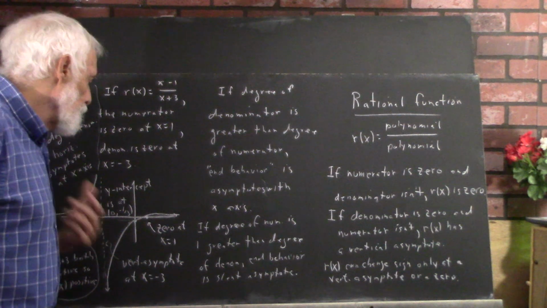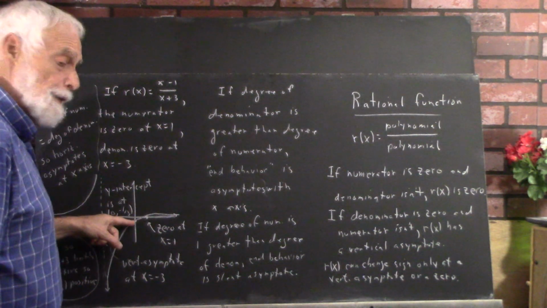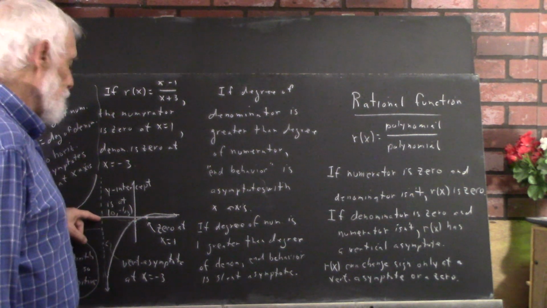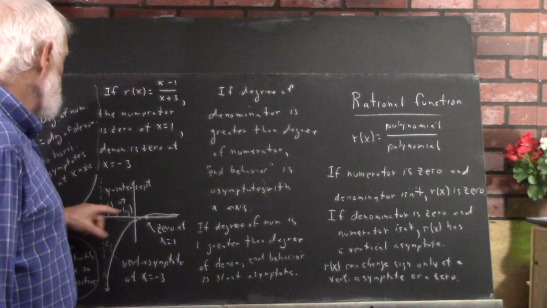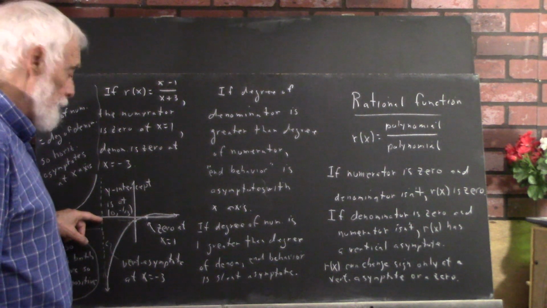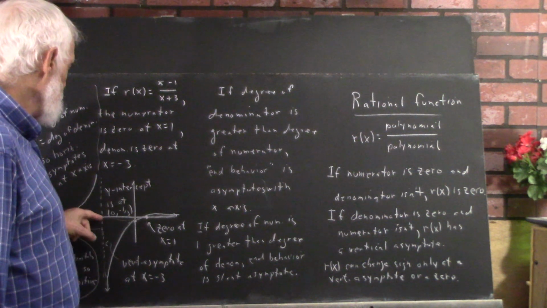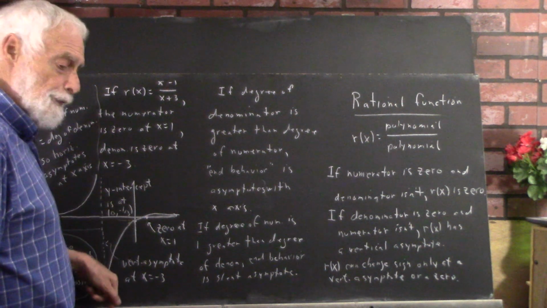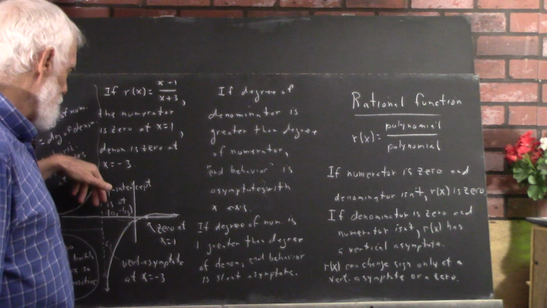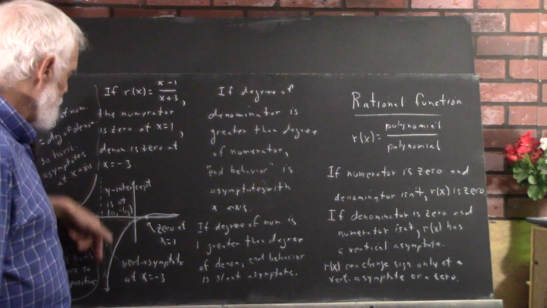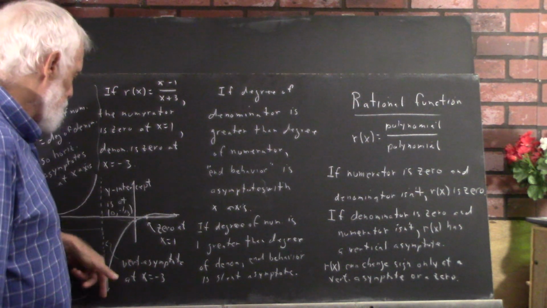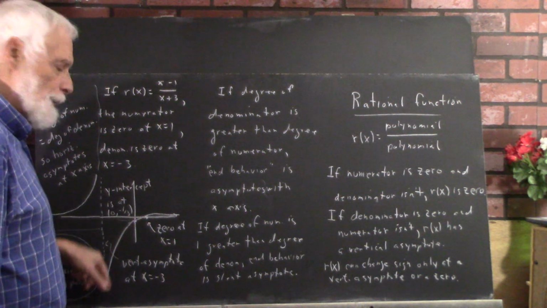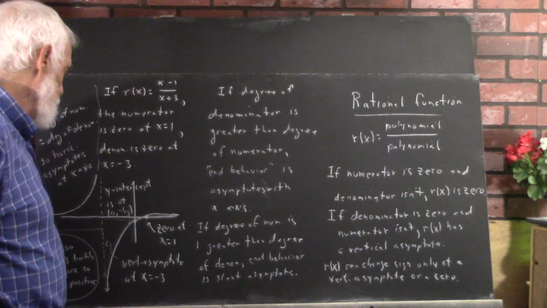And then we sketch the graph using that information. We know that the graph is negative here. We know that it is 0 here, has a vertical asymptote here, and there are no zeros or vertical asymptotes between here and here. So the graph has to stay negative between here and here, meaning that on this side of the vertical asymptote, the behavior of the function is going to be negative. It's going to go down toward negative infinity.